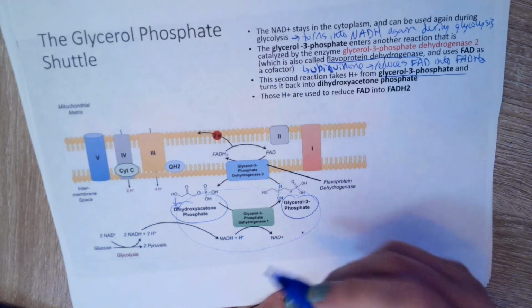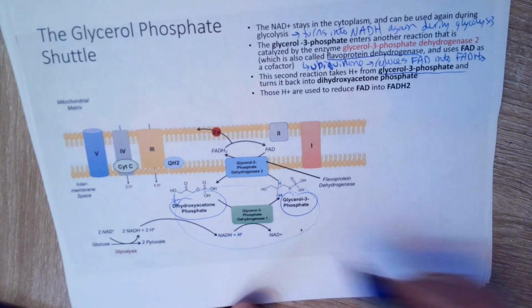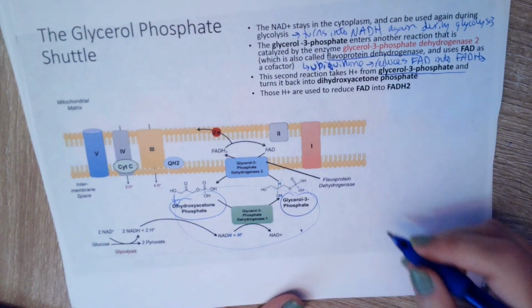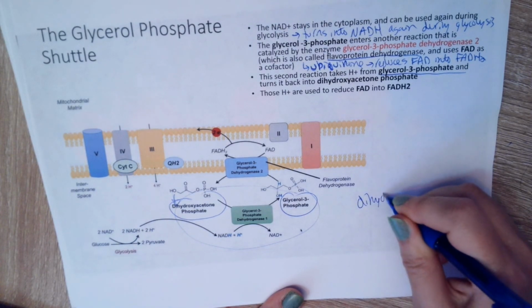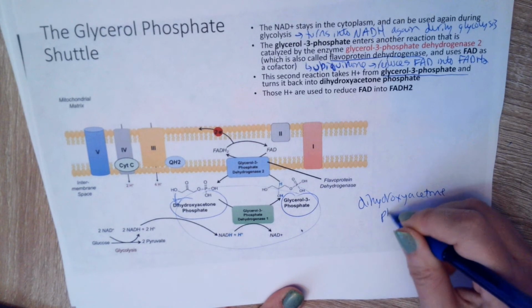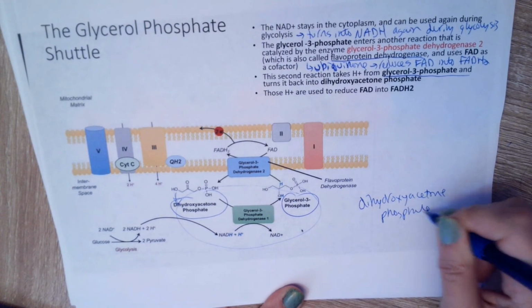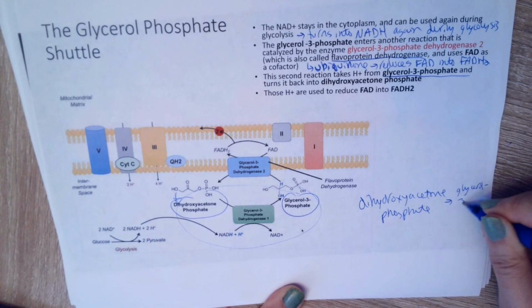and we can just do it all over again. So we're going to see this in our next shuttle system as well, where we have this nice little circle: dihydroxyacetone phosphate turning into glycerol 3-phosphate.